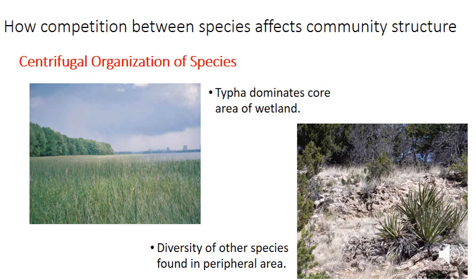So that's the picture you can see on the left. But in kind of the slightly peripheral parts of the habitat, there are areas that contain a diversity of other species. And so they use these observations to develop their concept of centrifugal organization of plant communities.